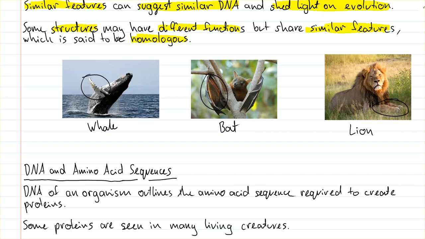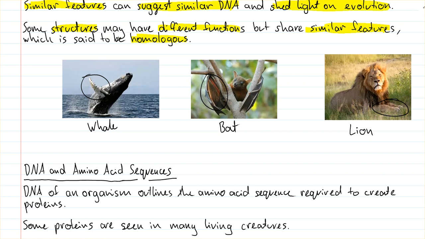What you actually might find is that structurally those three different types of limbs are quite similar. They'll have similar types of bones, a similar layout of bones, and they'll be organized in a way in which they can be compared between the three different types of species.